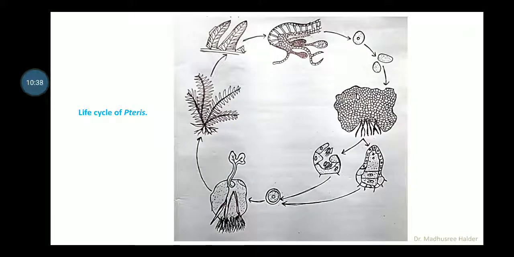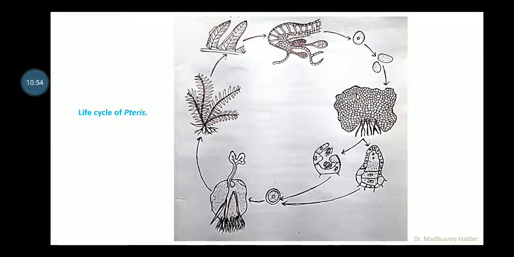Let's have a look at the life cycle of Pteris, because in case of Pteridophyta there is distinct alternation of generation, and the diploid and haploid phases are very much distinct.